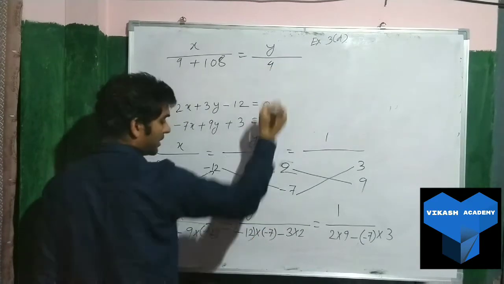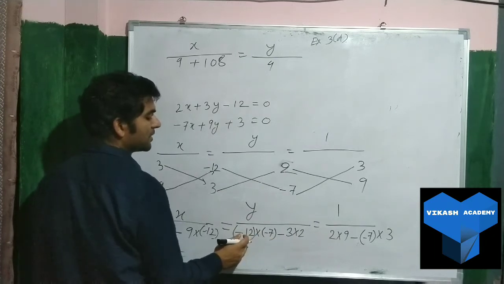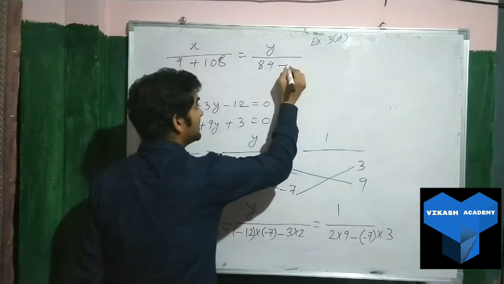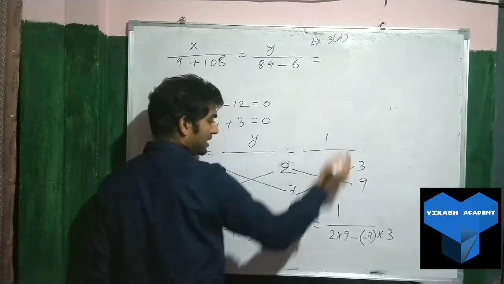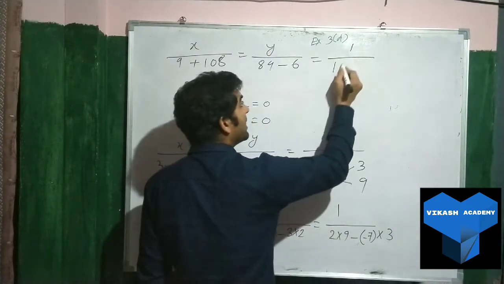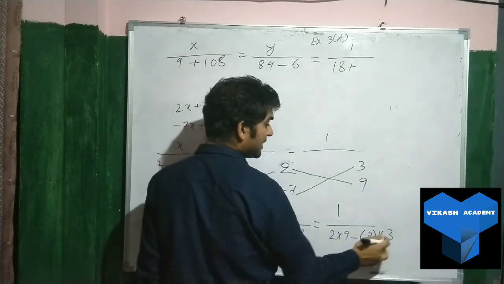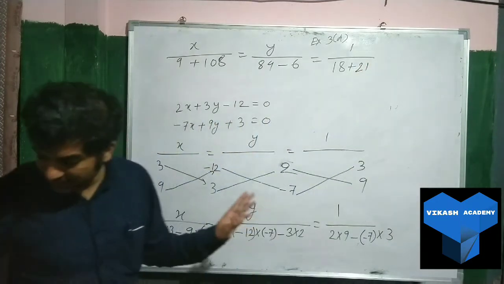So it will be 84, minus 3 2s are 6, 3 into 2 is 6. Equal will be equal, 1 by 9 2s are 18, minus into minus plus 3 7s are 21. So we have got this.